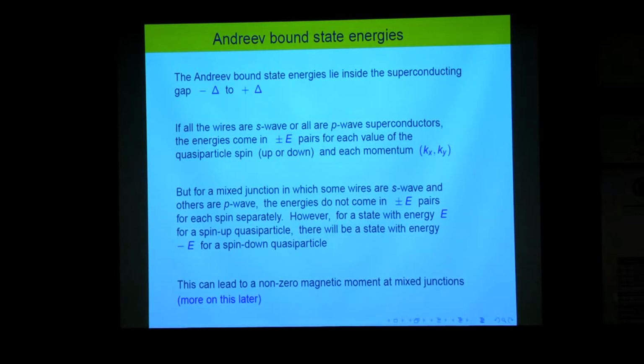So then you have an interesting situation in that spin up quasi-particles and spin down quasi-particles don't necessarily have the same energies. There's a funny symmetry that for a spin up quasi-particle with energy E there'll always be a spin down quasi-particle with energy minus E. But within the same spin, you don't have to have plus minus E pairs. And so if you have these mixed junctions with some S wave and some P wave, you can get a non-zero magnetic moment. I'll talk about this later.